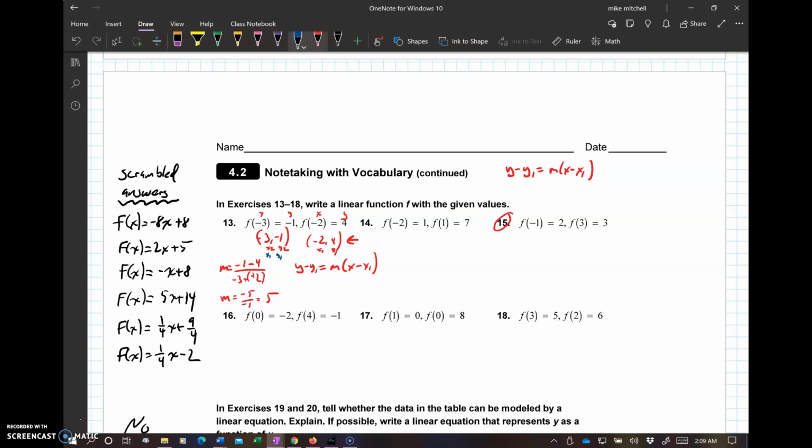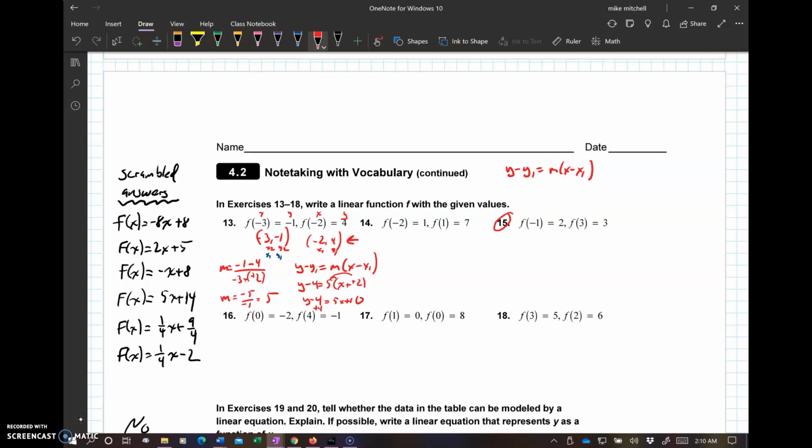You're going to get the same answer either way. Plug it in. y minus 4 equals, my slope is 5 times x minus a -2. That's going to go to plus a positive. I'm going to distribute this 5. y minus 4 equals 5x plus 10.